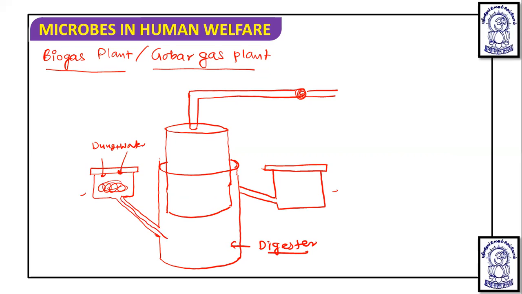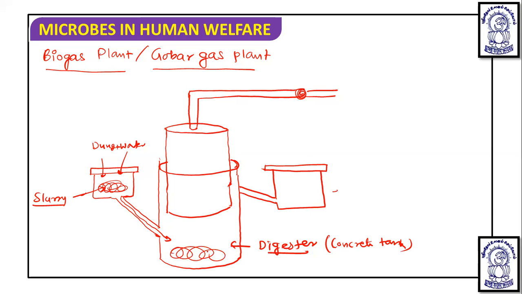This slurry is passed on to this concrete tank. The digester is nothing but a concrete tank, in which biowastes are collected and the slurry of dung is fed. Slurry means a mixture of water and dung.